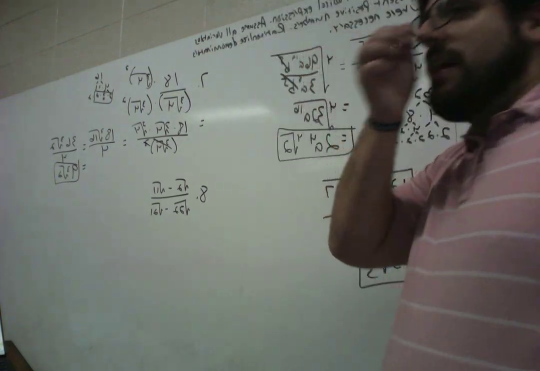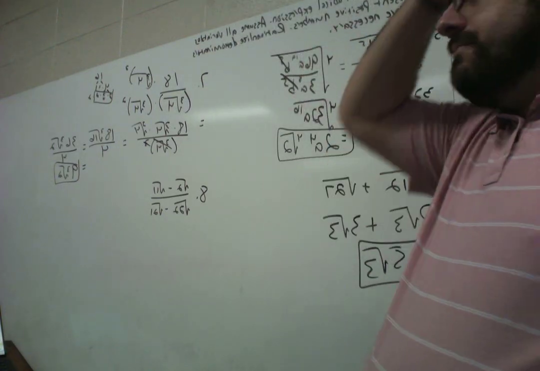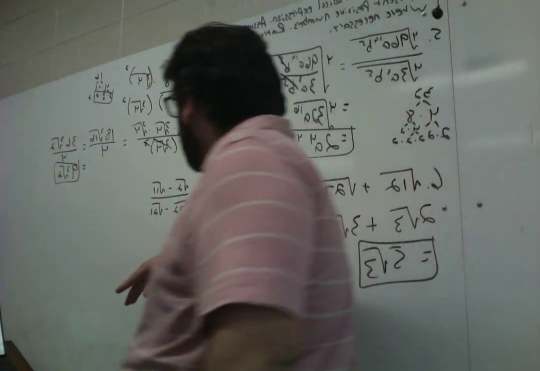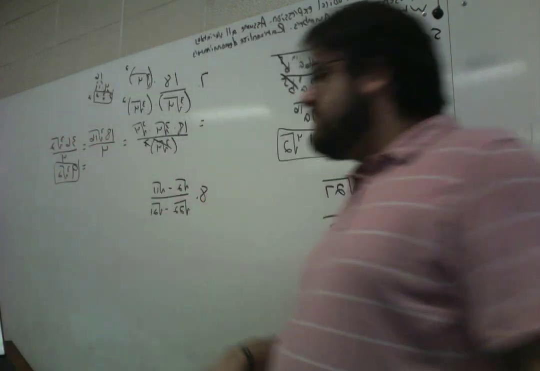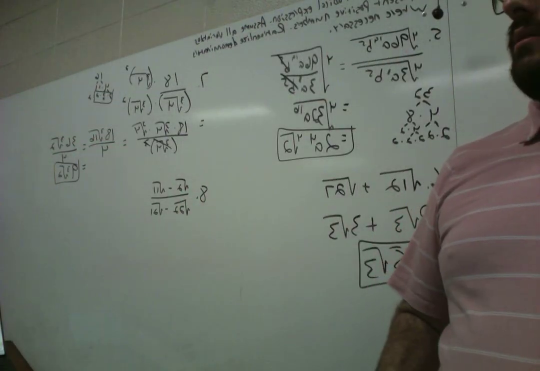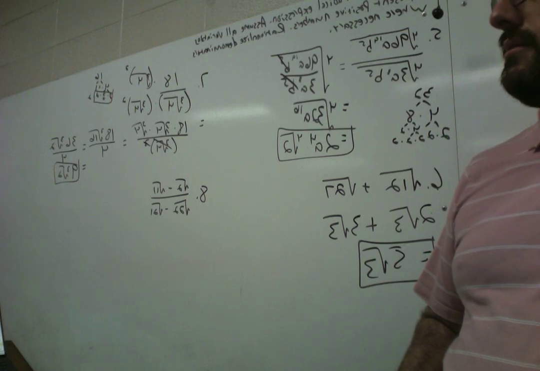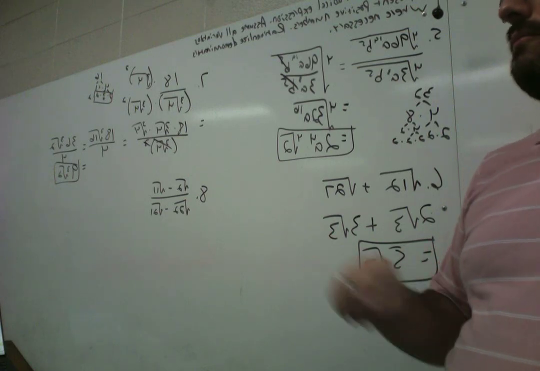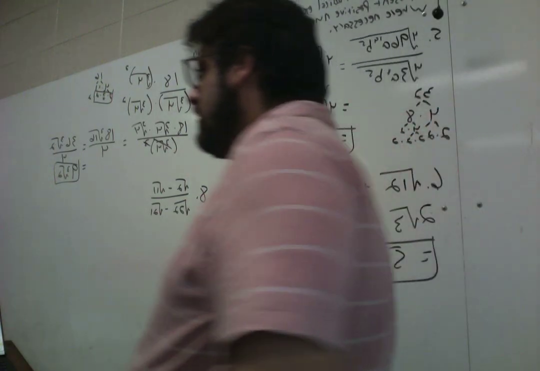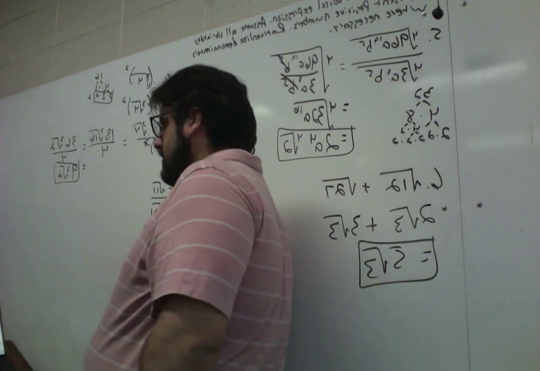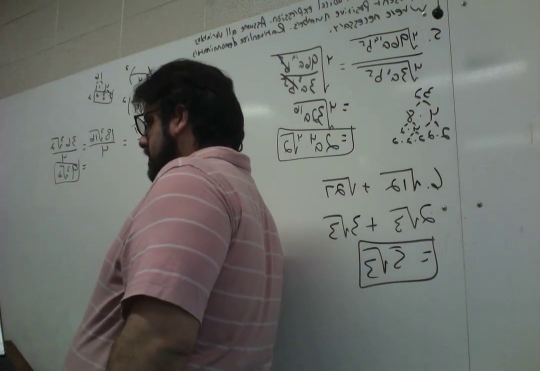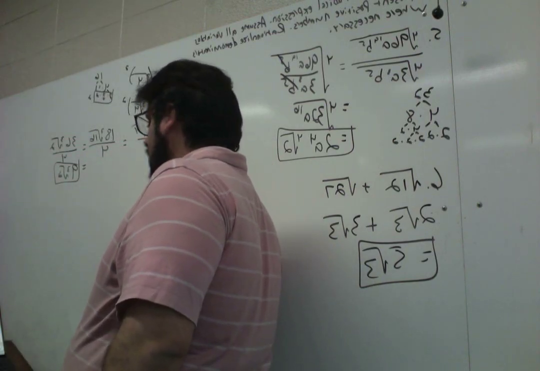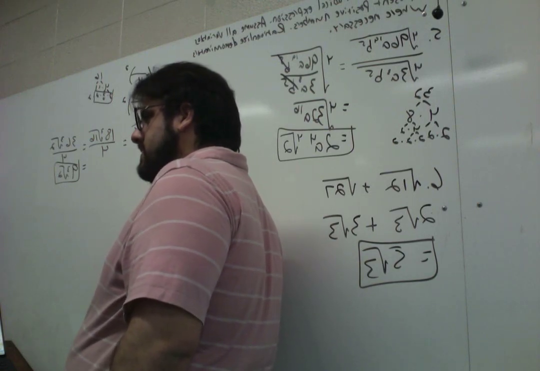All right, we got one more. Square root of 2 minus square root of 11 over square root of 22 minus the square root of 21. Multiply with what? What about the denominator? I can't multiply the denominator by itself.